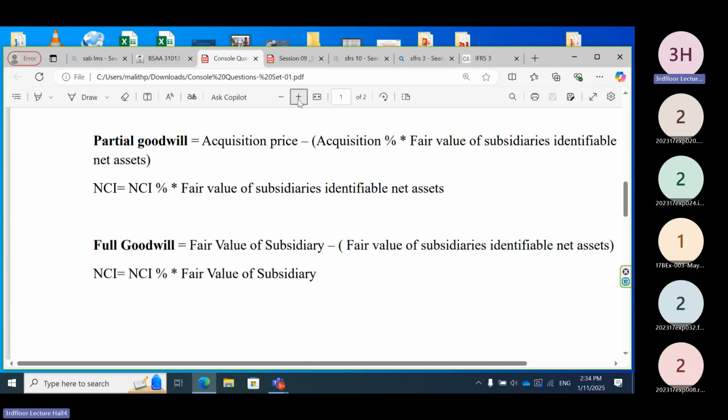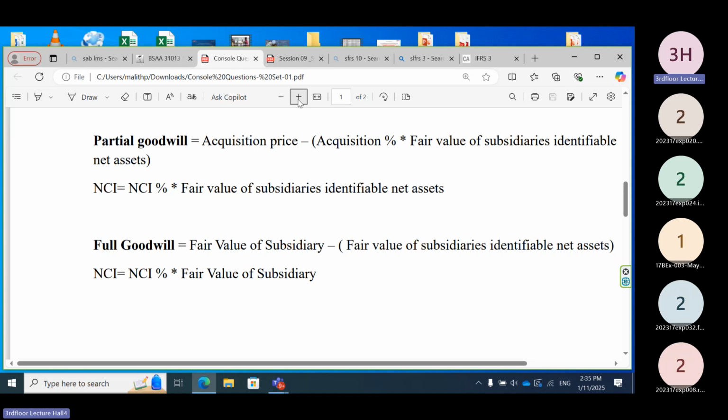Full goodwill means fair value of the subsidiary minus fair value of the subsidiary's identifiable net assets.